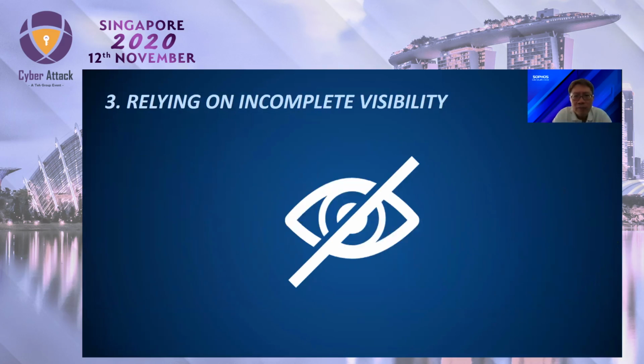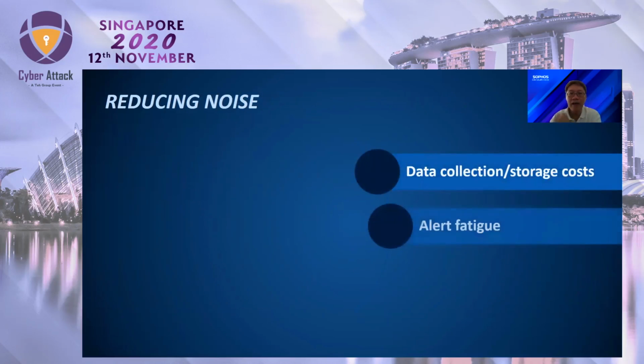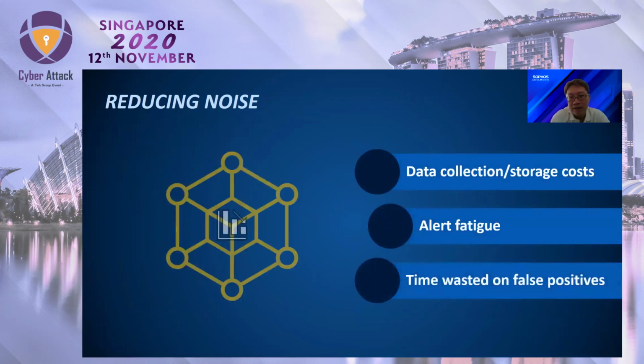The third one is the most important one: relying on incomplete visibility. One of the key items that we have seen, and have talked to many of our customers about, is data collection.